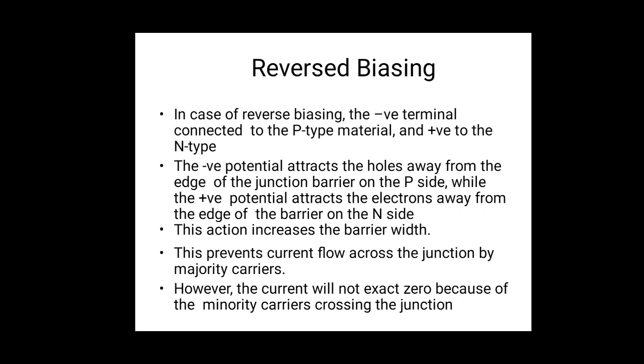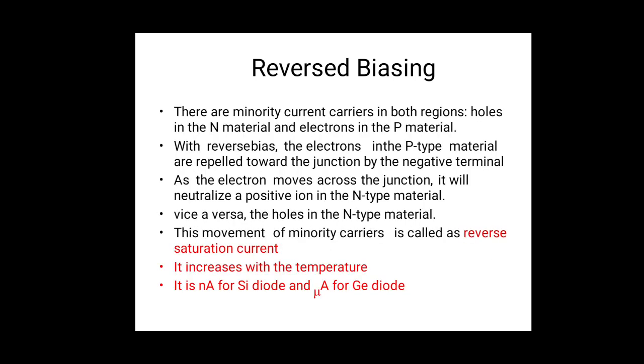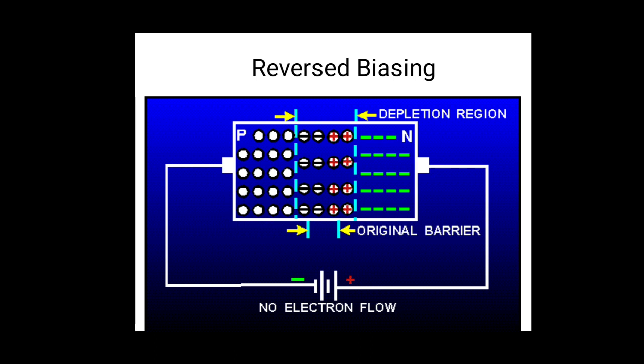So let us come to the diagram. This is the reverse bias condition. The negative of the battery is connected to the p-type terminal, so attraction takes place. The positive of the battery is connected to the n type, so here also attraction takes place.